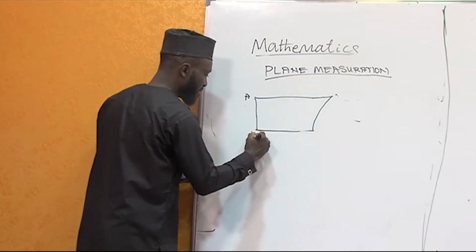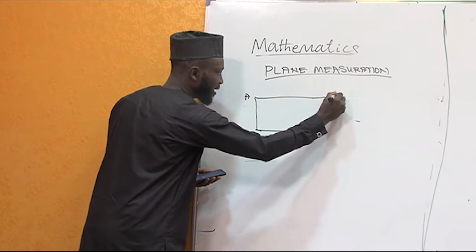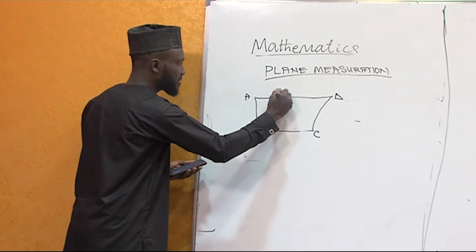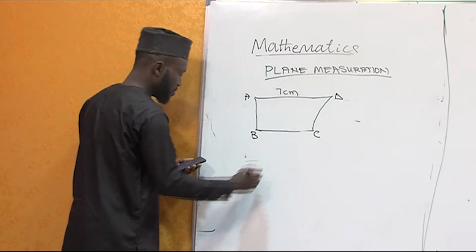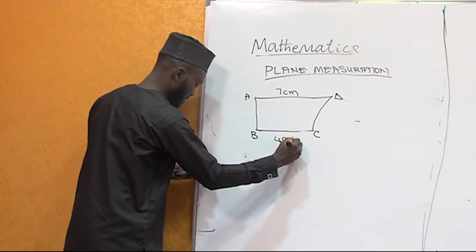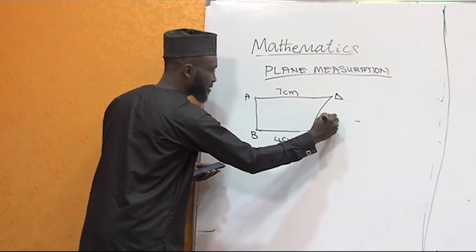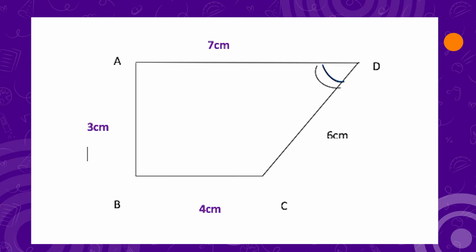A, B, C, and D. And this is 7 centimeter. We have 4 centimeter, and we have 6 centimeter. Example 1.